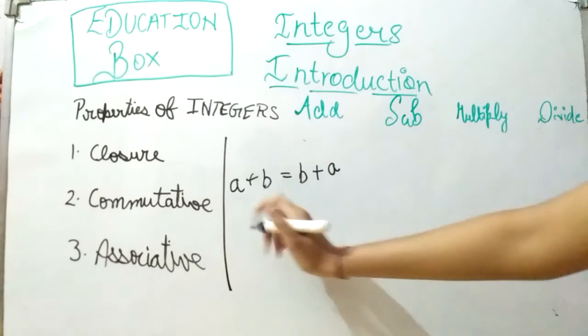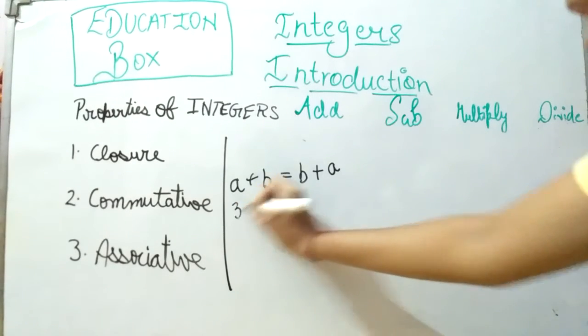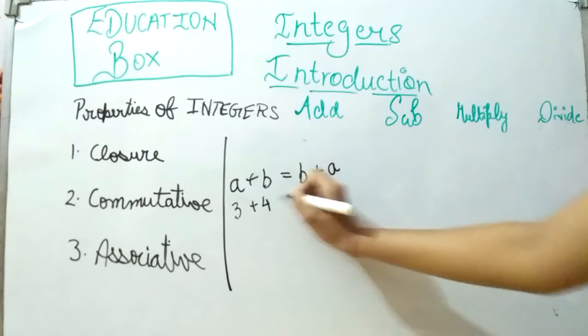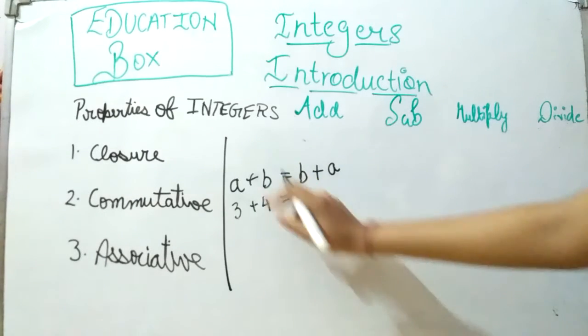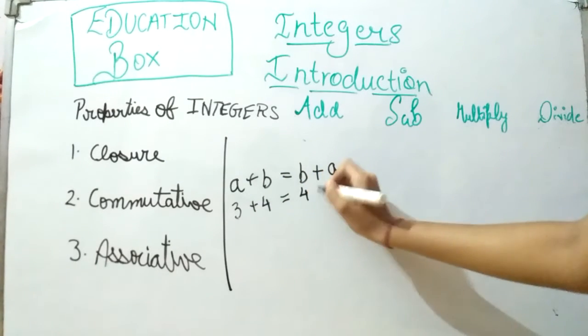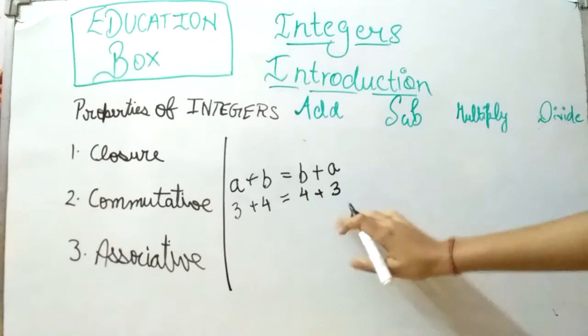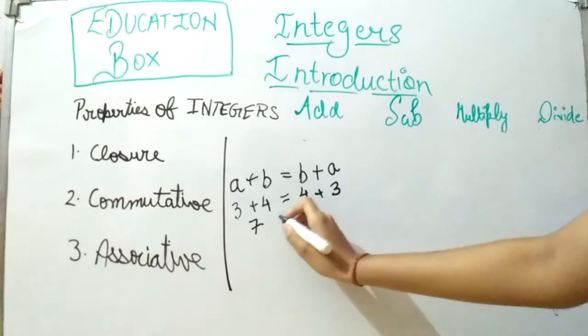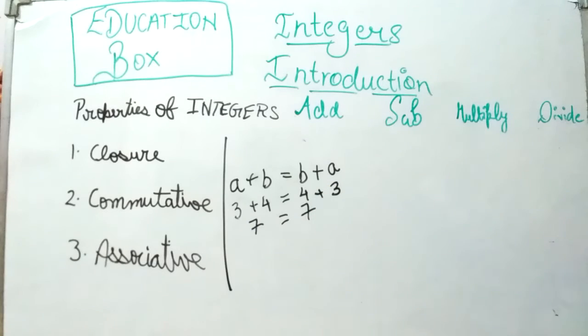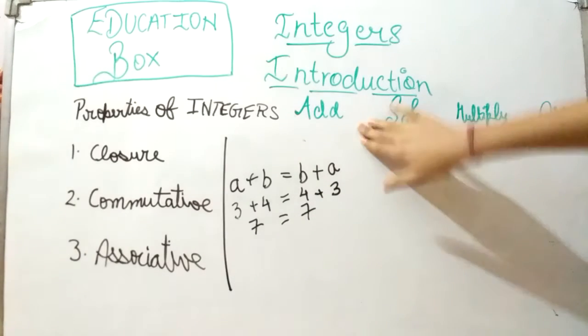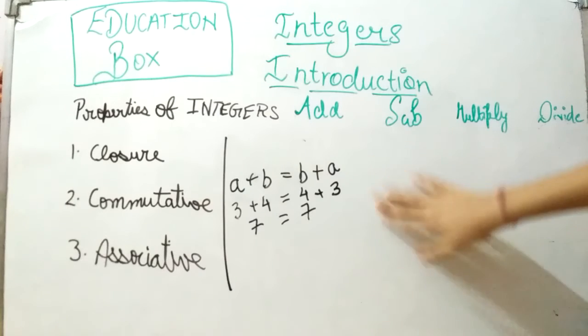Like if A is the number 3 and B is the number 4, then if we write the value of B as 4 and the value of A as 3, now when we add both these numbers, our answer will be the same. So we can say that in addition, commutative property works.